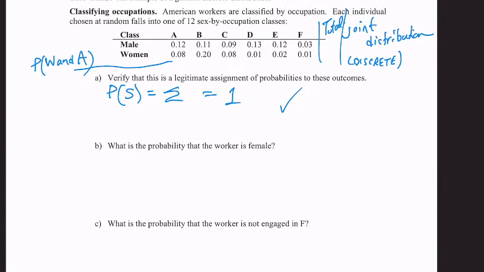I would total all these probabilities to get the probability of a female.